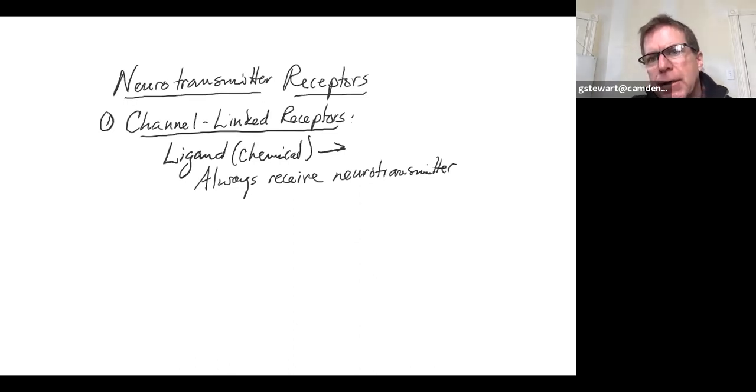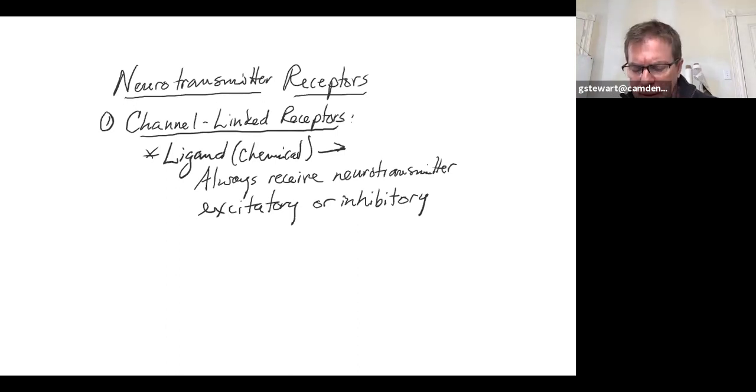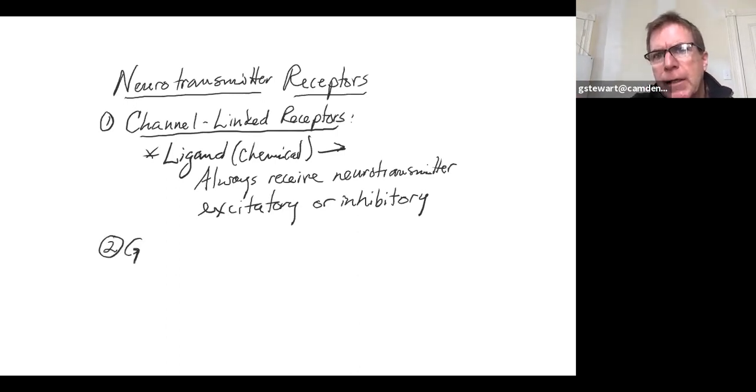They can be either excitatory or inhibitory. The key is that they are activated by a chemical binding to the receptor. And you know now they can be excitatory or inhibitory because I gave you examples of skeletal muscle and cardiac muscle cells with the neurotransmitter acetylcholine. They have two different types of receptors on those cells. Both are channel-linked receptors.